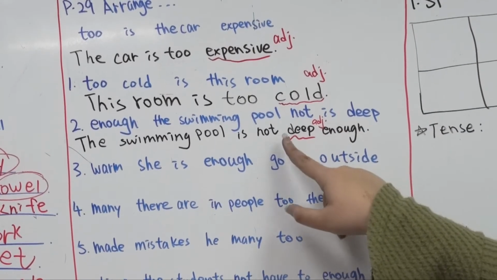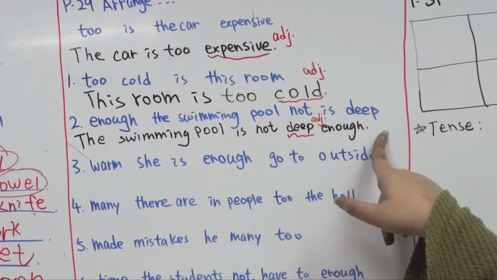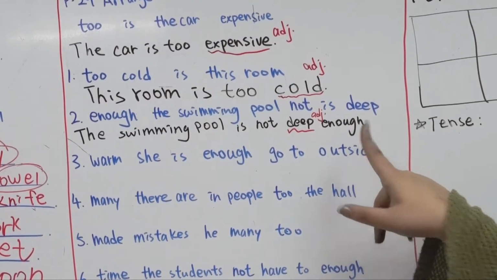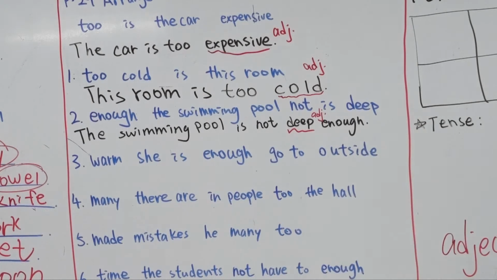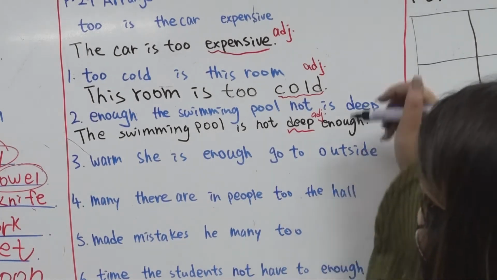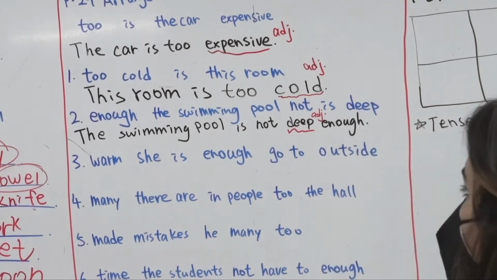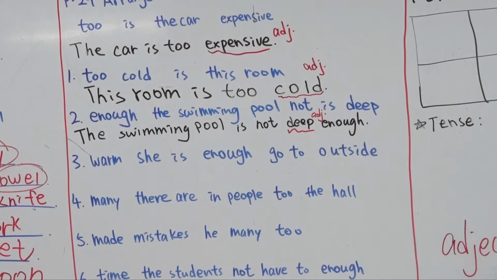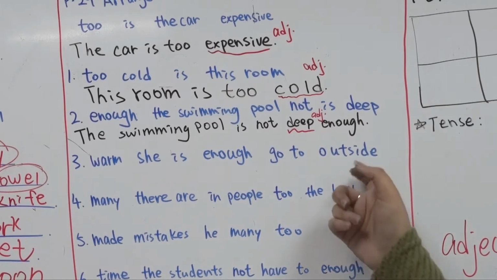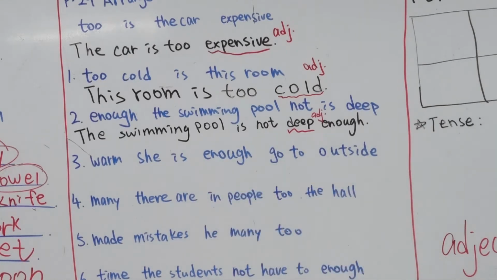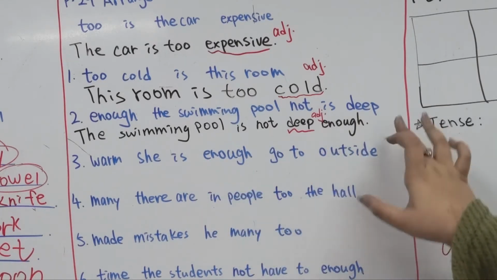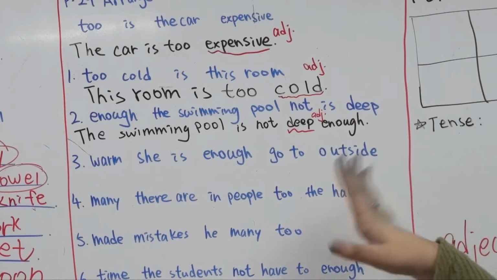If you want to put enough before, that should be a noun. So for using enough, you must know the definitions of adjectives, nouns, and adverbs, or else you will get puzzled. Okay? Sometimes you have to read out the sentence. If it makes sense, then it's right. If it doesn't make sense, that's wrong.